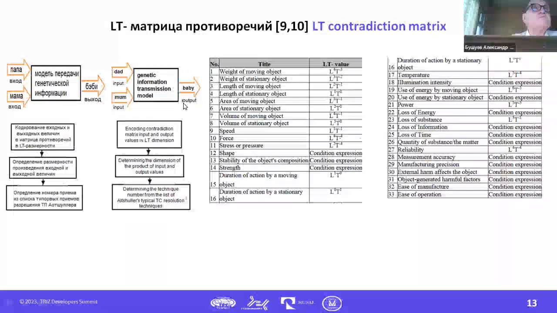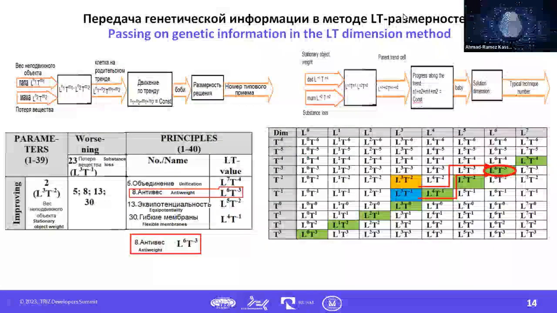Here you can see on this chart, one property should be improved, another property is decreased, and the outcome is the usual output. A very simple model, how from the system to alternative properties of a technical contradiction, we have one example. So this is the main scheme.